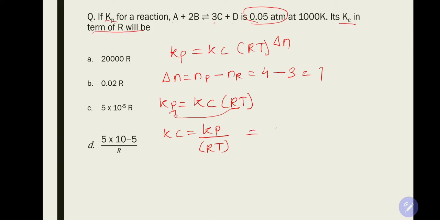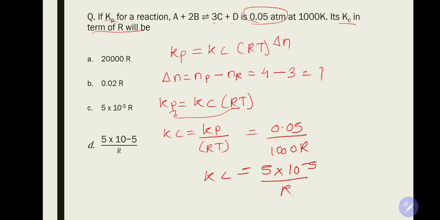Kp is given as 0.05 divided by, what is the temperature given? It is 1000. That is 1000 R. R you have to take as it is, because you have to express it in terms of R. So Kc is equal to nothing but 5 into 10 to the power minus 5 upon R. Clear? So this is the value.